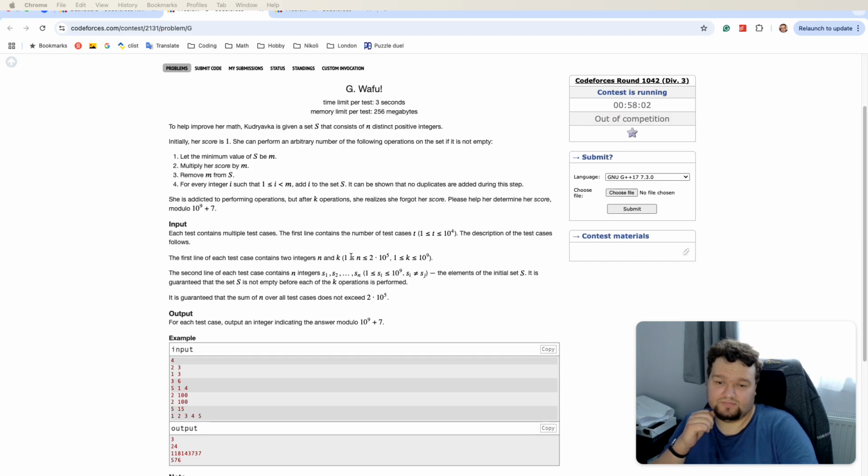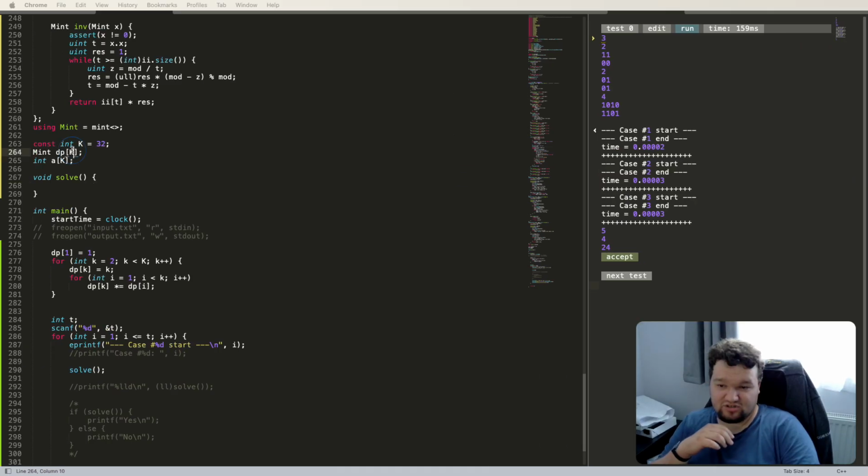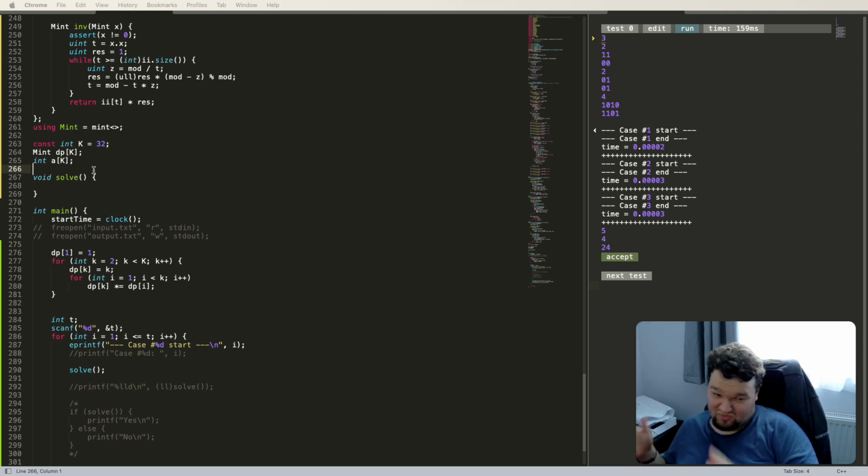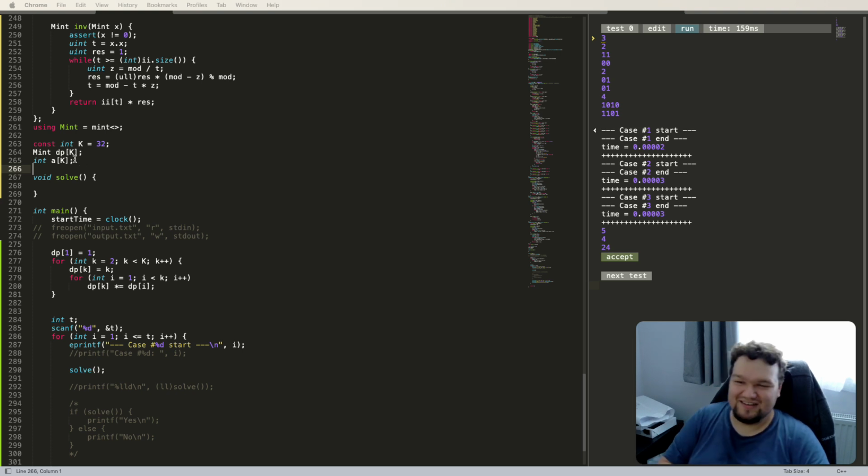Okay, so I will be reading my numbers. The numbers that are smaller than k, I will just store that I have them. But among all other numbers, I only need the minimum one, because once I do one operation on a bigger number, we create all the numbers that are smaller, and we won't be able to leave that. The number 31 already does more operations than we have.